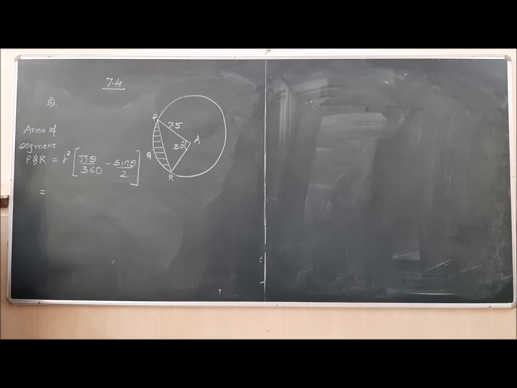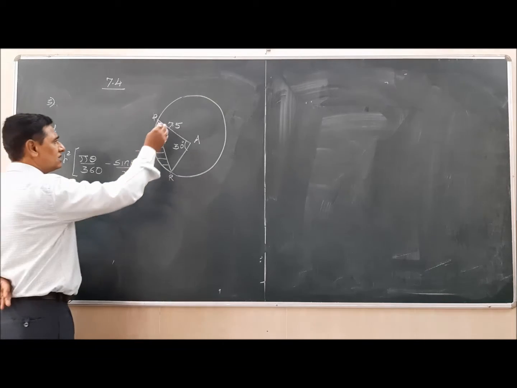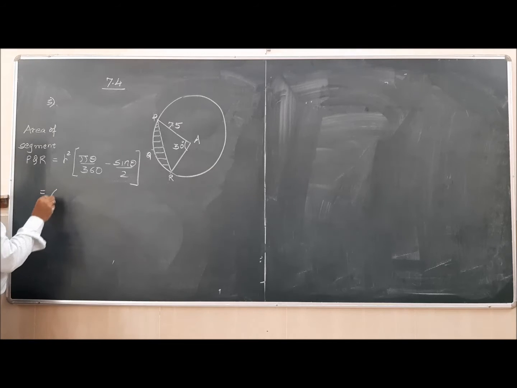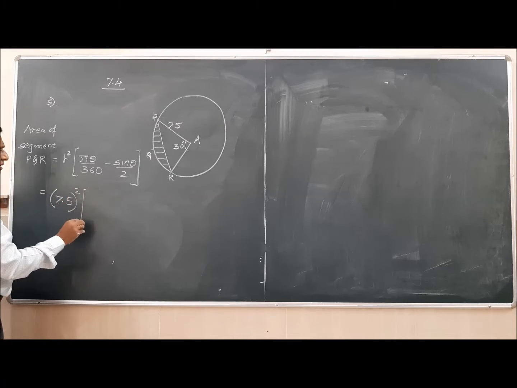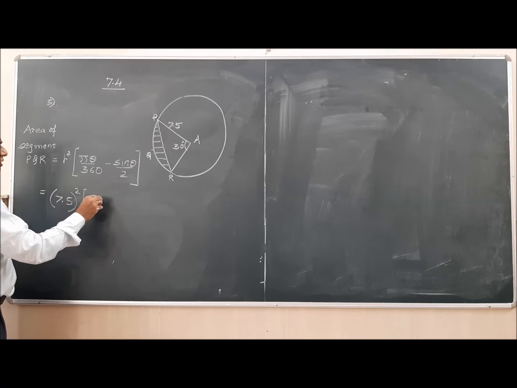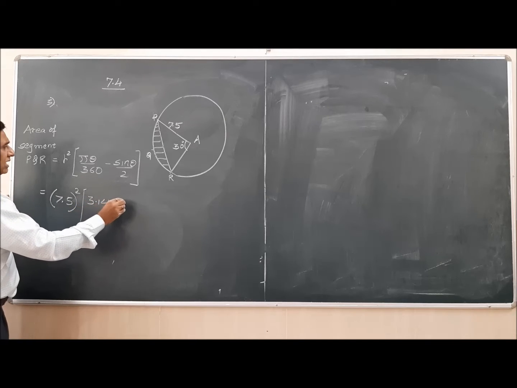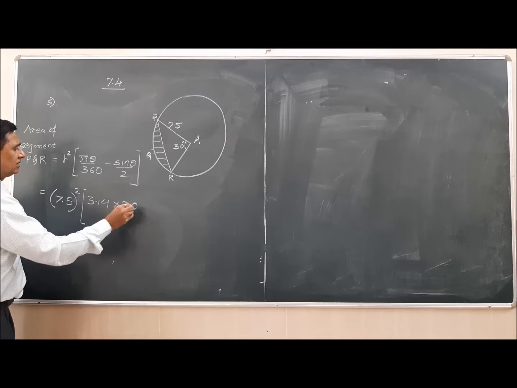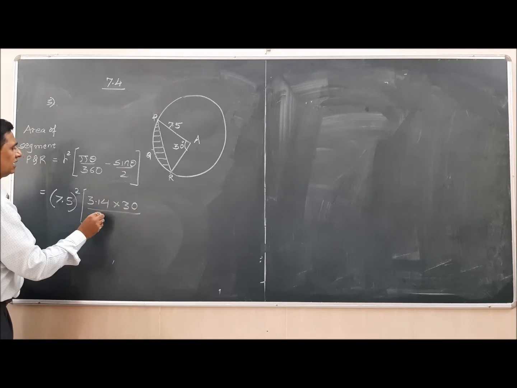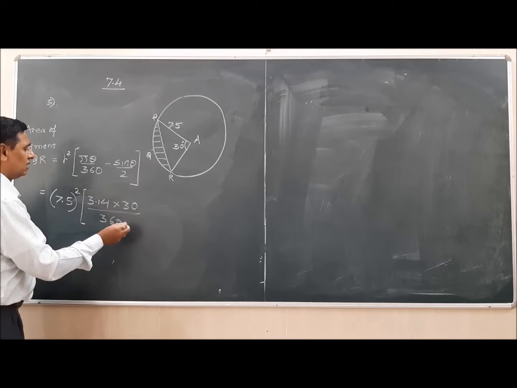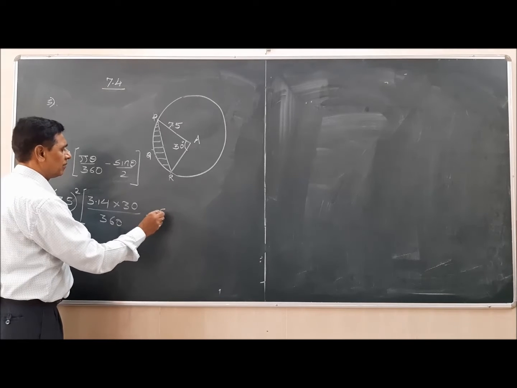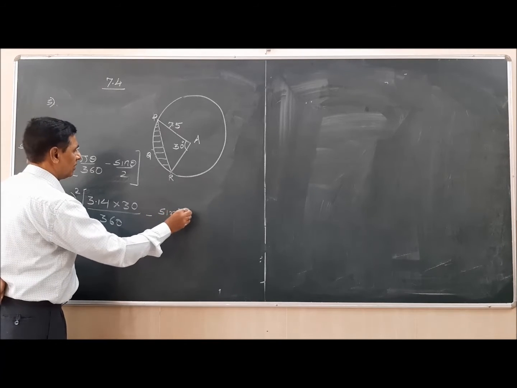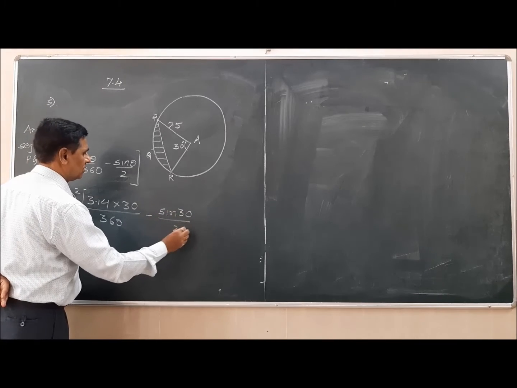Now in this case you will find radius is 7.5. So I am going to substitute straight away: 7.5 square into bracket 3.14. Central angle is given as 30, divided by 360, minus sin 30 upon 2.